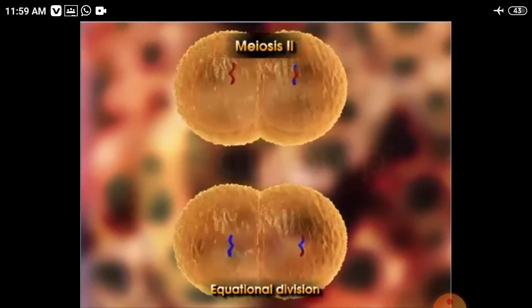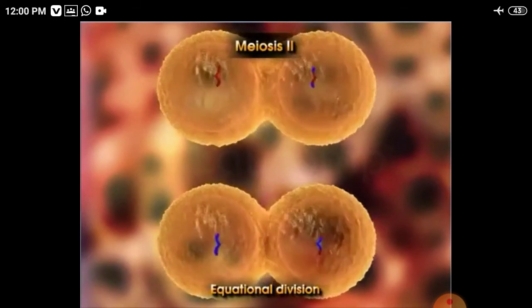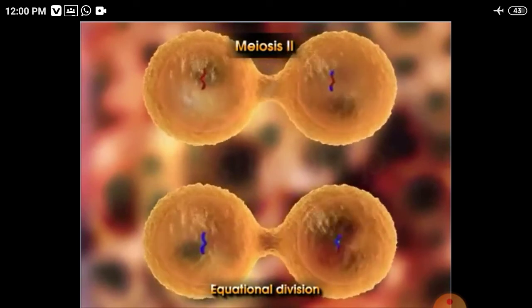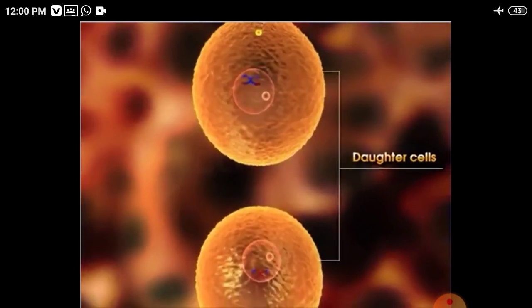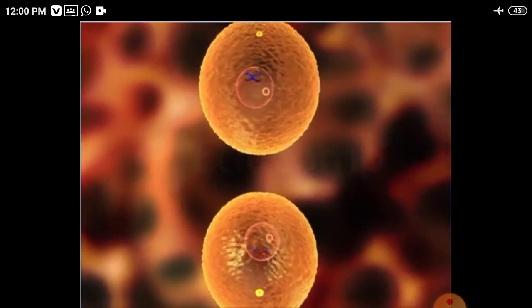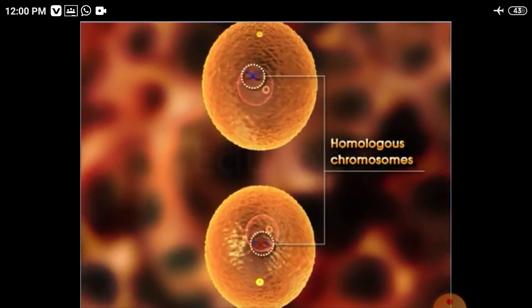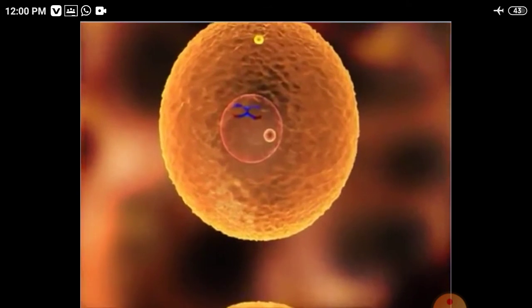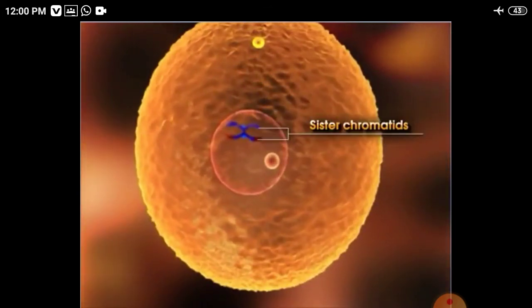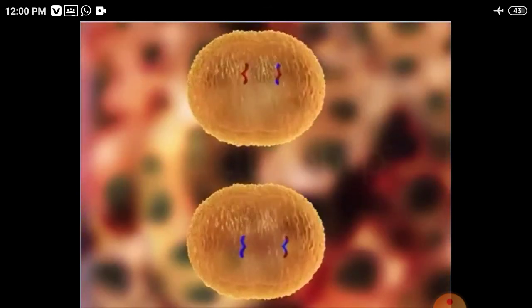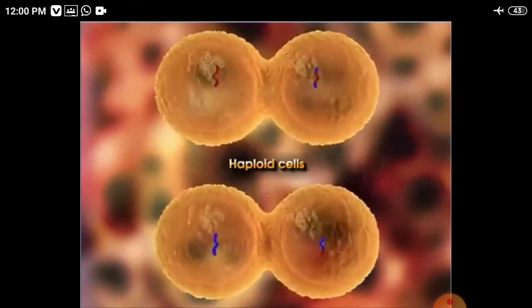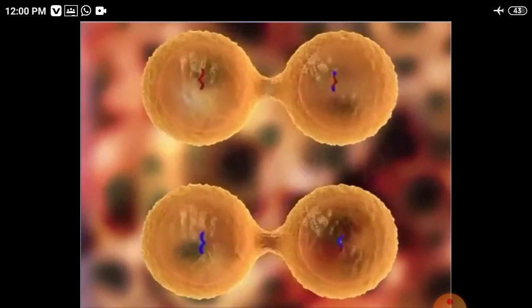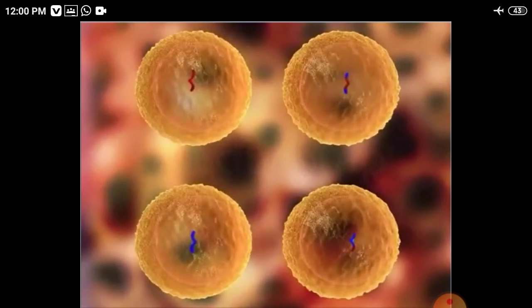In this module, you will focus on meiosis II. Each daughter cell formed after meiosis I inherits only one of the 2 homologous chromosomes, and each homologue has 2 sister chromatids. Meiosis II involves the separation of sister chromatids to produce haploid cells. Therefore, meiosis II is an equational cell division.